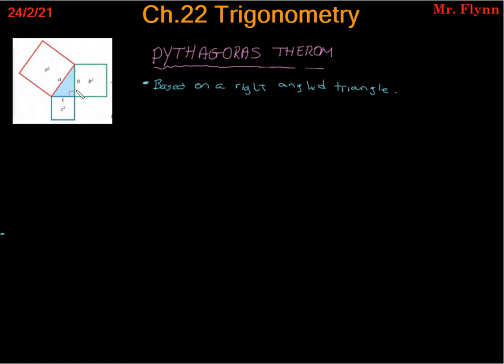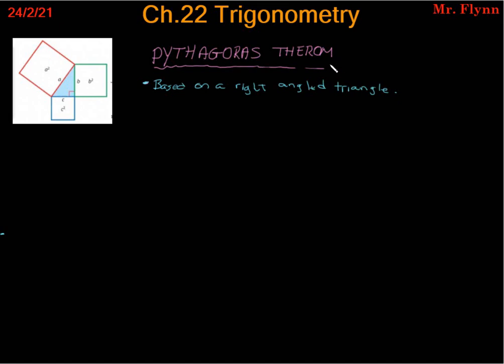When we square those, B multiplied by B will give us B squared. C by C is C squared. Adding the two of those, you will find will fit perfectly within the area of the side of the hypotenuse, which is A here.